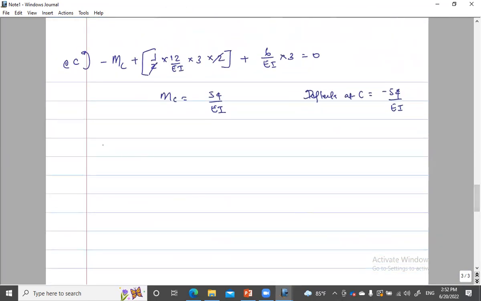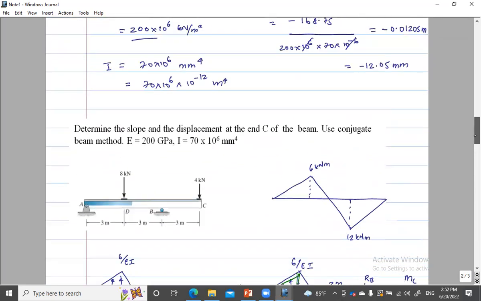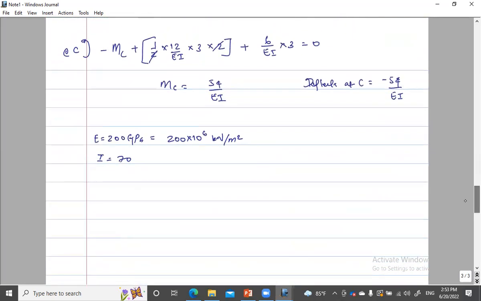So if we substitute E, 200 gigapascal, so that is equal to 200 into 10 to the 6 kilonewton per meter squared. I is 70 into 10 to the 6 millimeter to the 4.